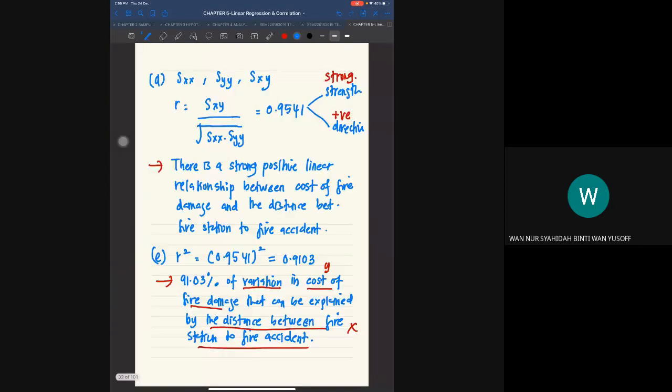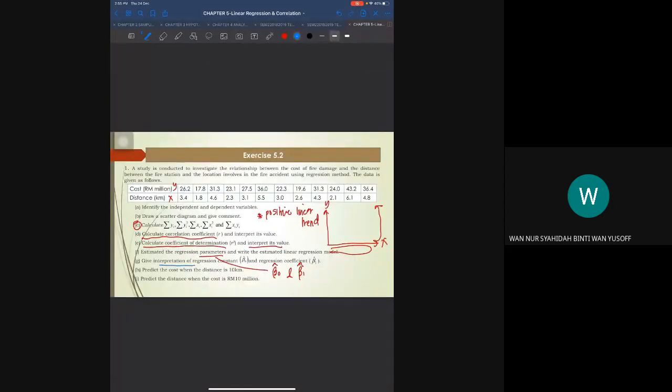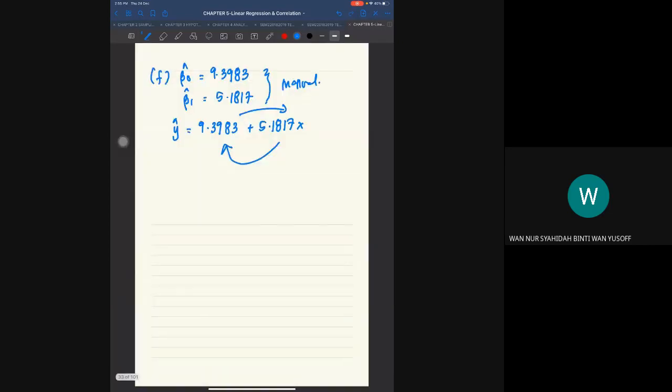Okay, and then give the interpretation of the regression constant and also the regression coefficient. So we need to interpret your parameters here, the beta naught and also beta 1. Beta naught first.